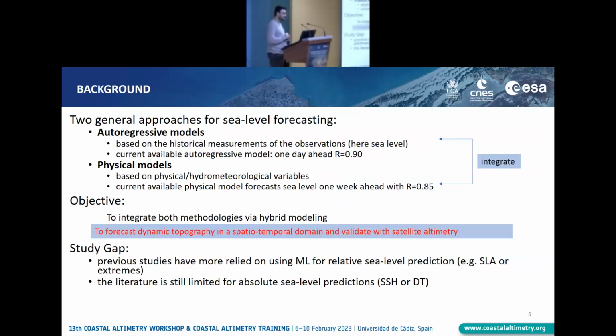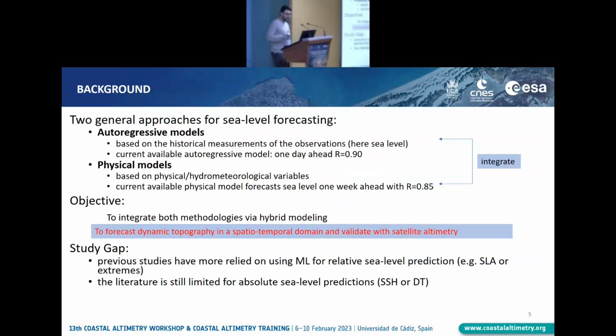And the second approach is the physical models that relate the physical or hydrometeorological features to the final target sea level parameter. The best available autoregressive model has a correlation coefficient of around 90%, and the physical models work one week ahead with an accuracy of 85%.